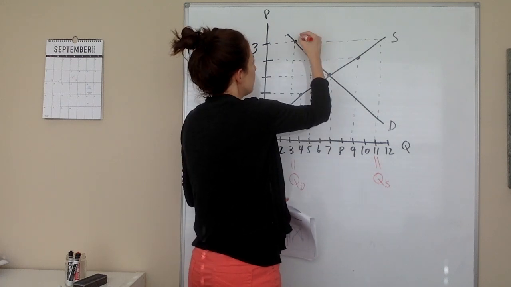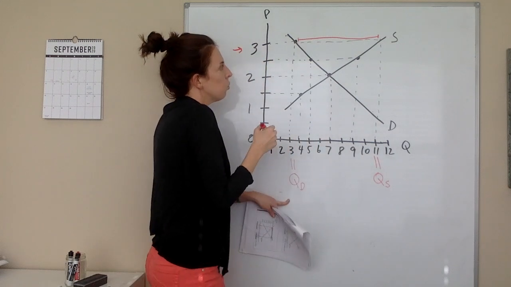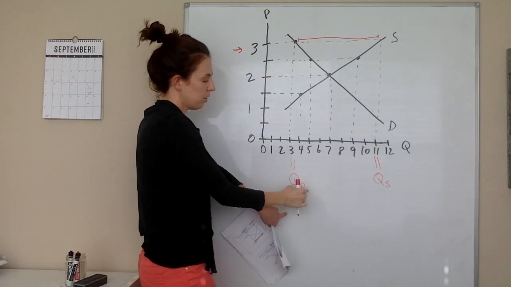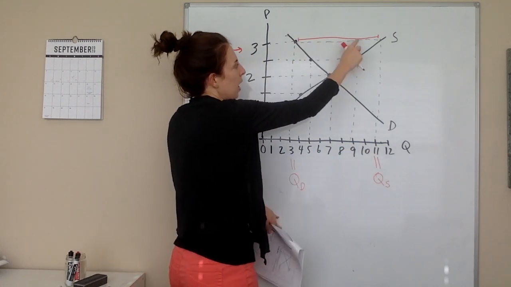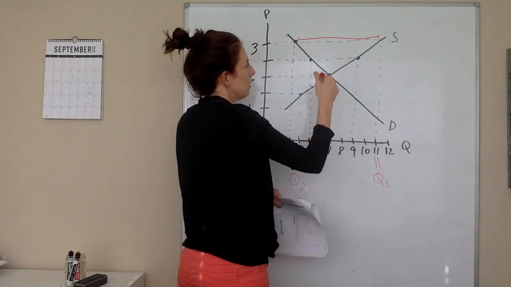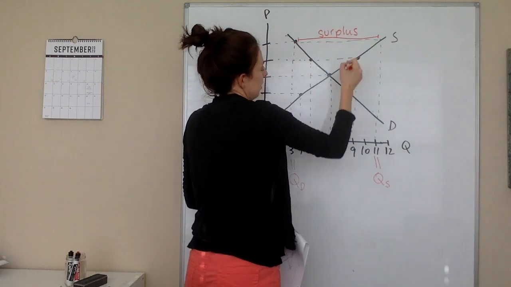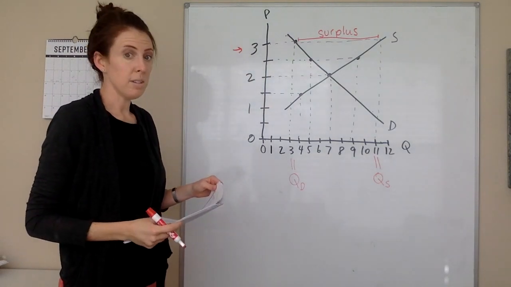The horizontal distance here, which corresponds to the difference between the quantity demanded and the quantity supplied at this given price level, will be the amount of surplus on the market. Specifically, there's going to be a surplus of 8 units here.